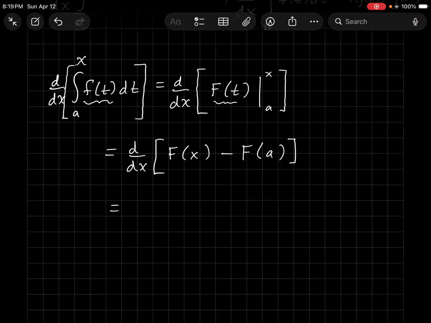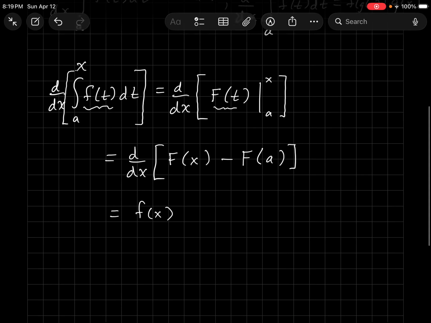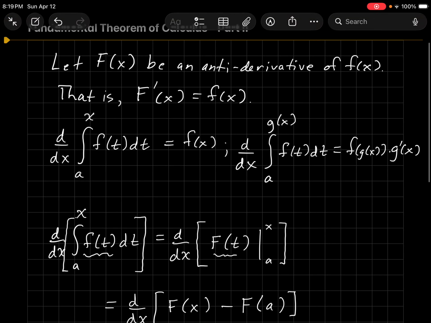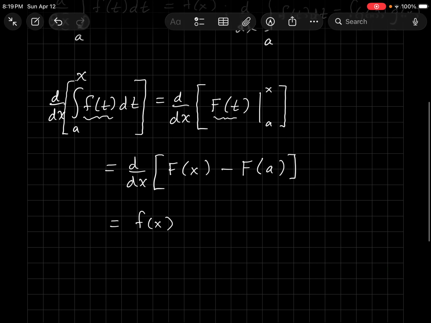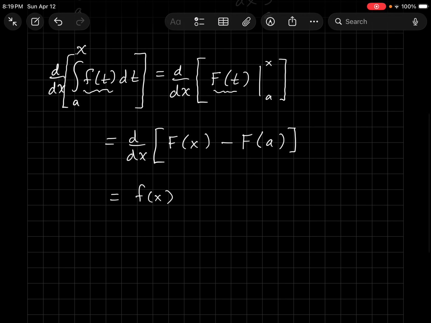So the derivative of big F of x is little f of x, as stated above, minus the derivative of a function at a number. Well, a function at a number is itself also a number, meaning its derivative is 0.